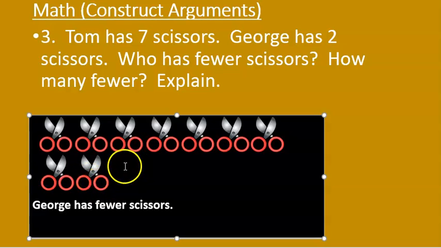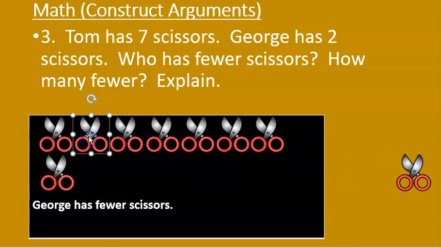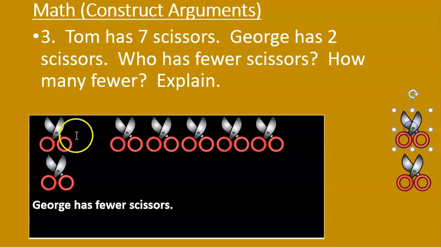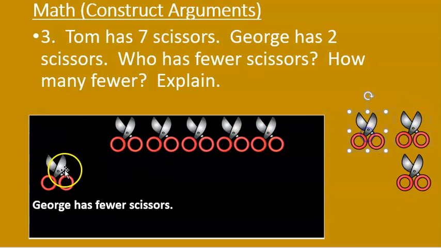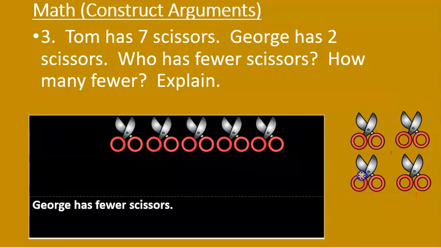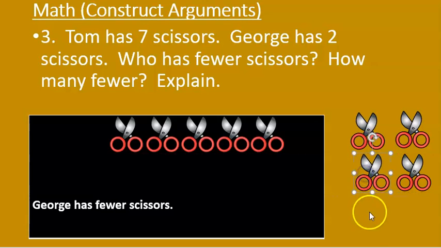Now, let's do it like this. You'll probably see it better like this. Let me take this out. Let me take this one out. And let me keep them on top and at the bottom, okay? Now look, we took these out because we can X them out because there's one at the top and one at the bottom, okay? But there's no scissors underneath here. Therefore, we just count these up now.